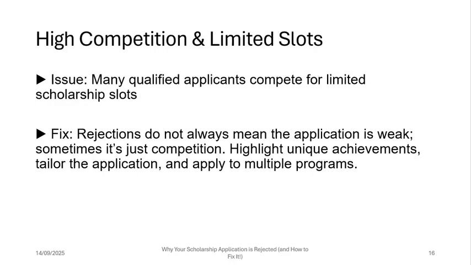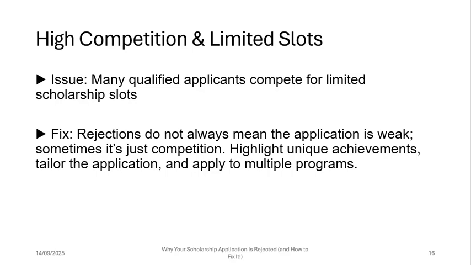Another problem is high competition and limited slots. This is a problem in which you cannot do anything, because it's not in your control. Many qualified applicants who are very good at academics, research, and many other things still get rejected from top-tier universities. So they should not be sad because of this.